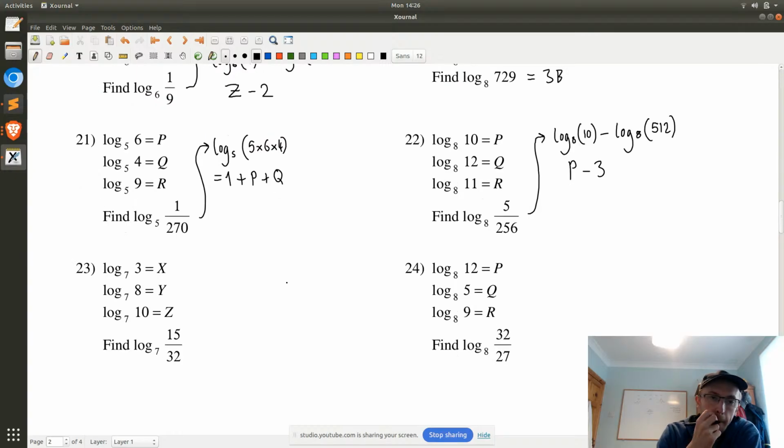Next one here. Okay, so double the top and bottom. So log base 7 of 30, take log base 7 of 64.